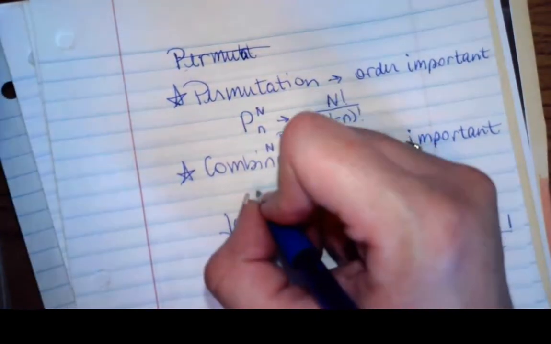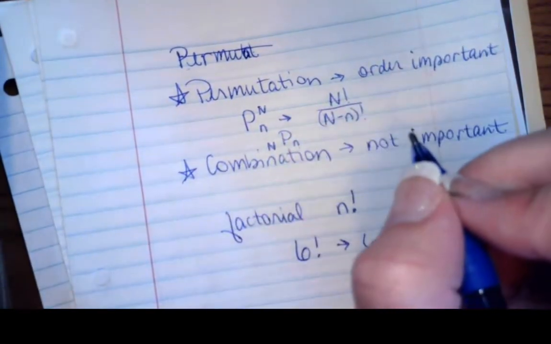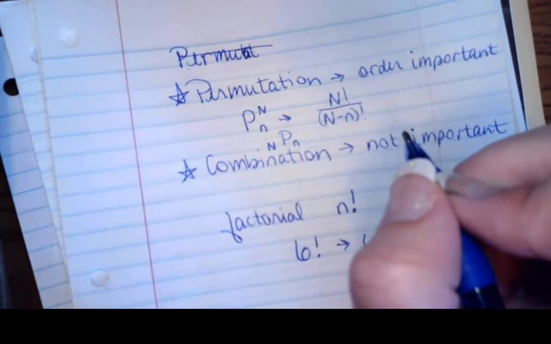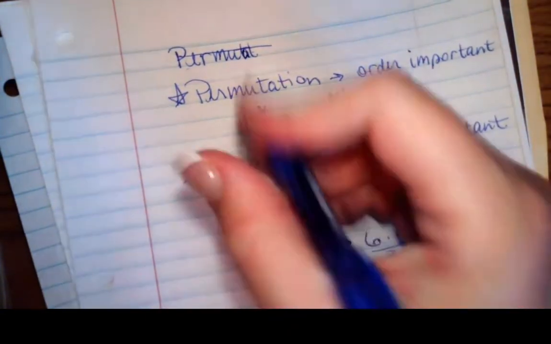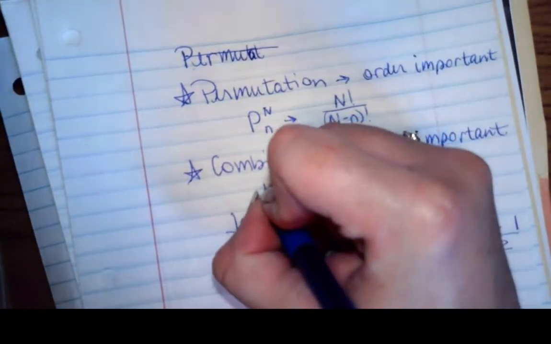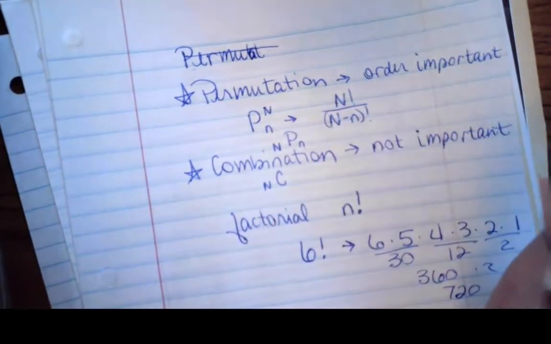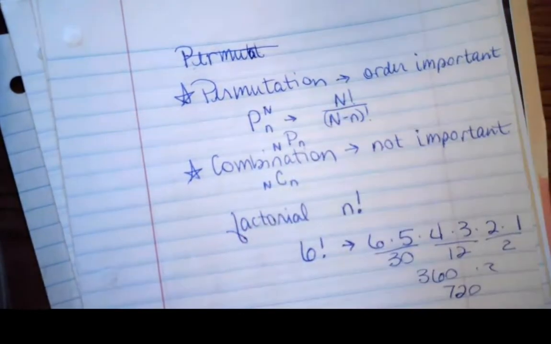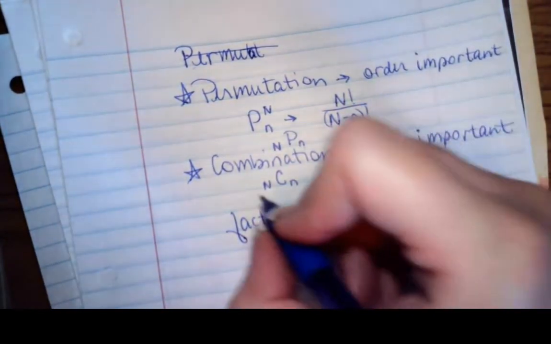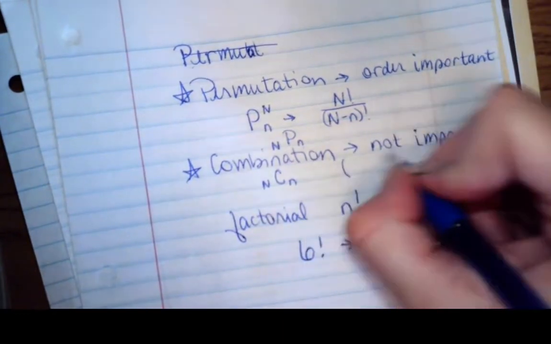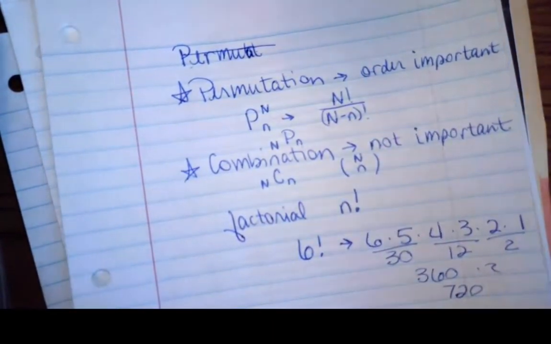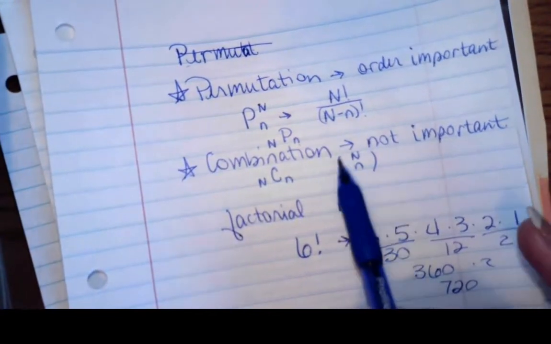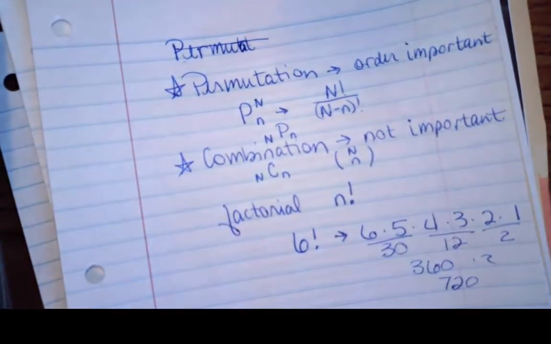Now, for a combination, we're going to use a different notation. I could use a capital N, a big C, and then a lowercase n. Or we can use parentheses, with a capital N and a lowercase n. As soon as I see this parenthesis thing, I know I'm dealing with a combination.